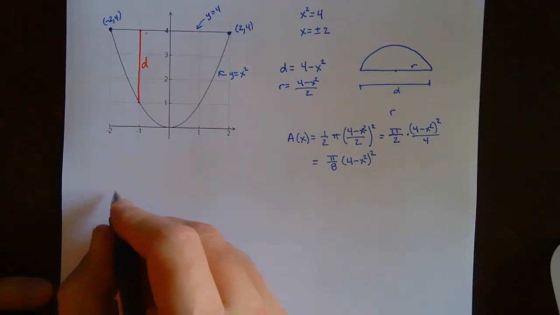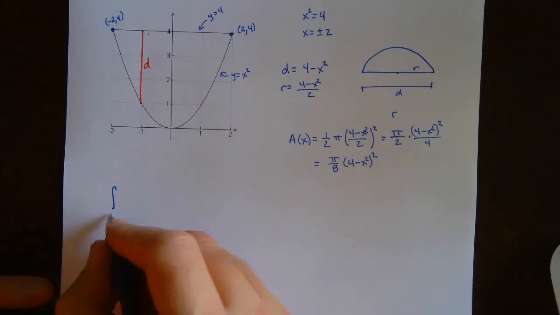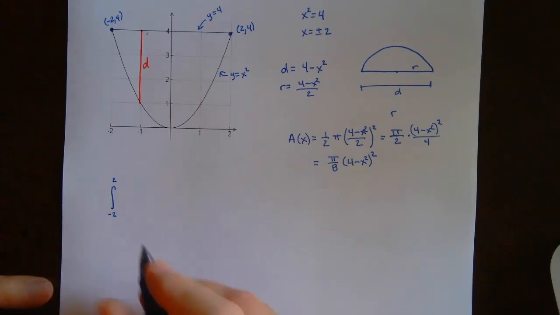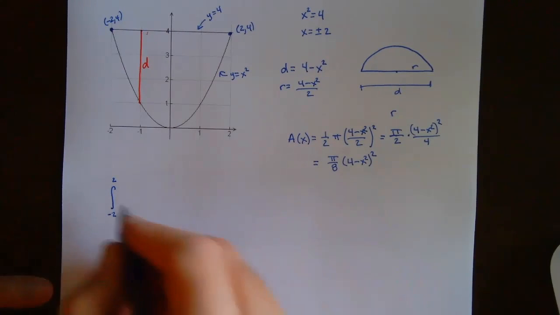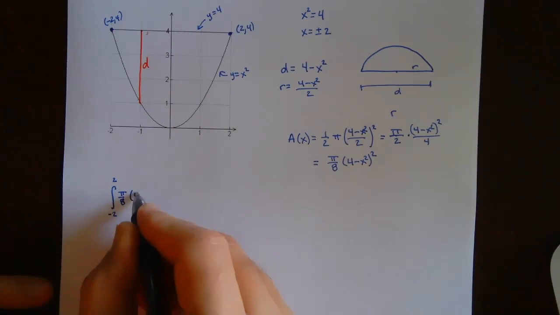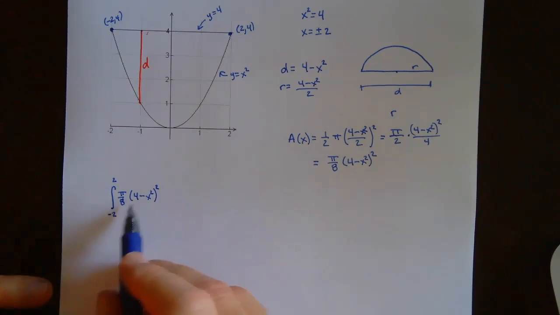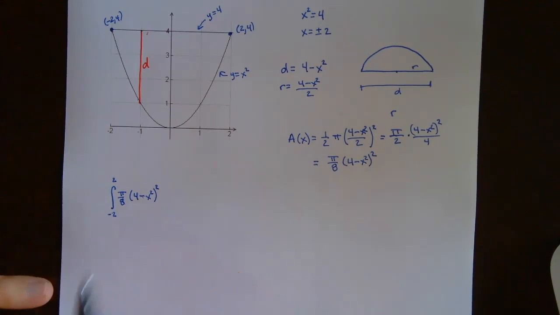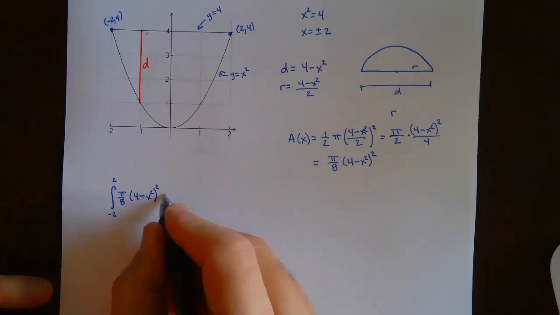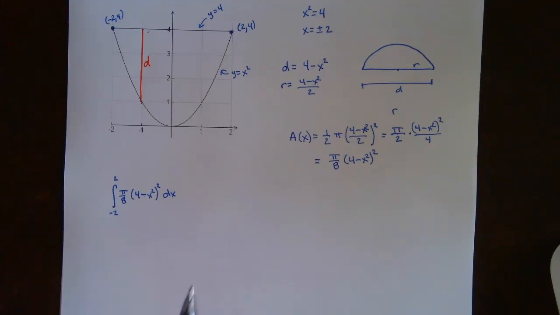So this integral for volume is going to be the integral from -2 to 2 of the area, which is pi over 8 times 4 minus x squared squared. That's the area, and we need thickness to get volume, and we get the thickness by doing the dx, these infinitesimally thin semicircles.